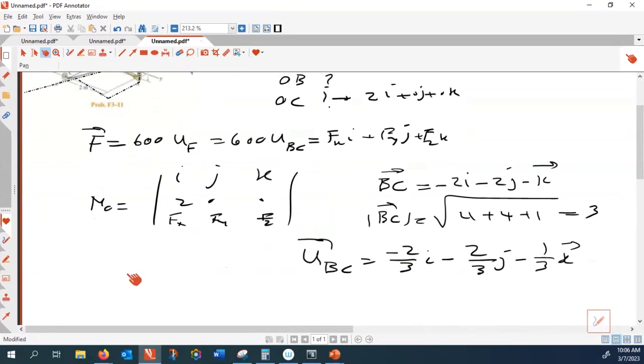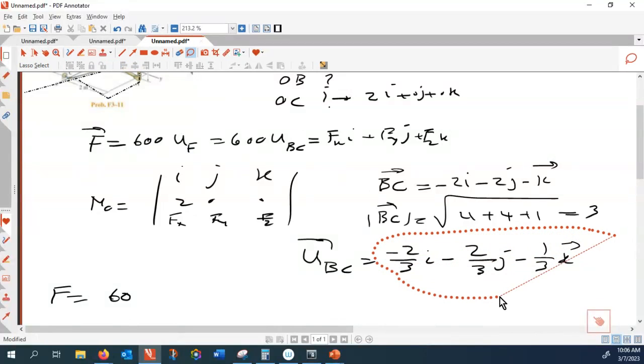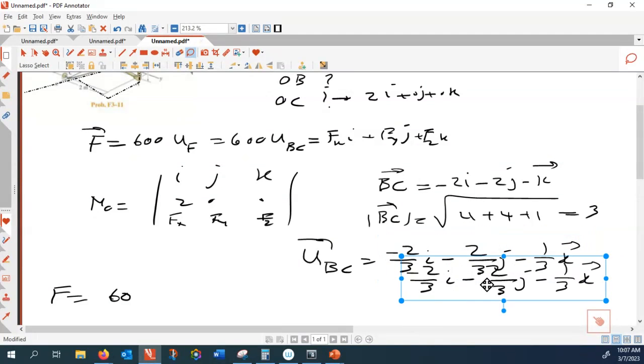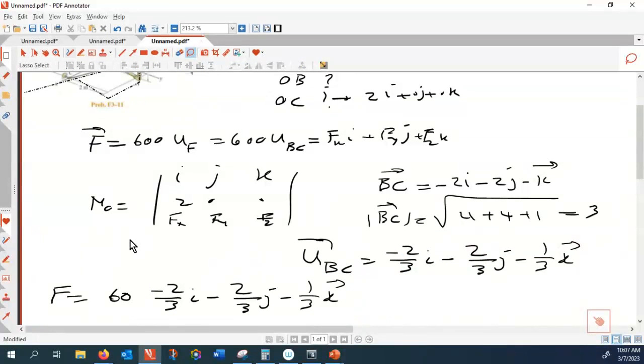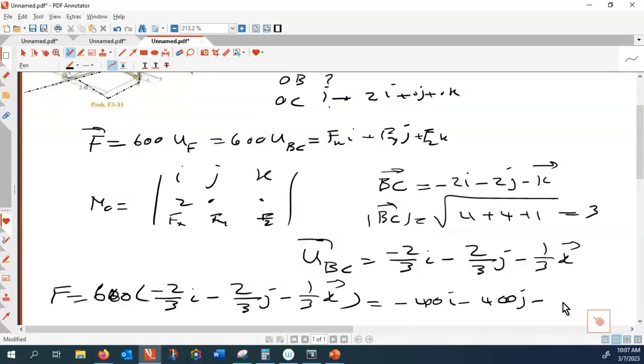And then my force becomes 600 multiplied by that, and 600 times that is minus 400i, minus 400j, minus 200k. Is that right?